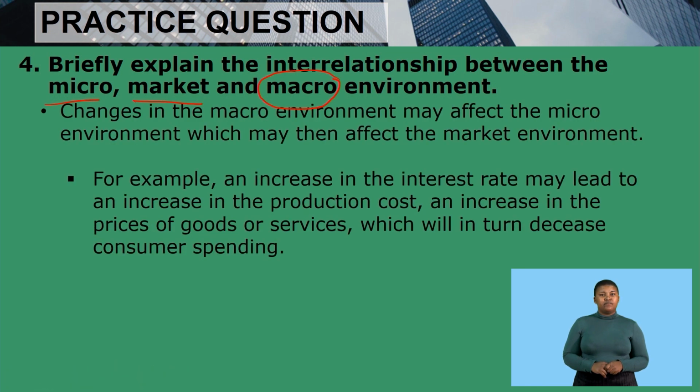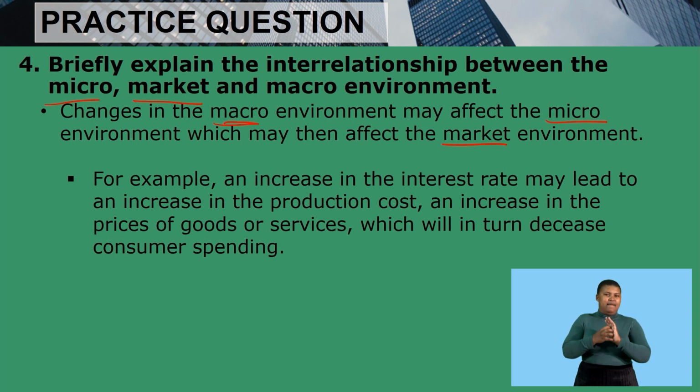Changes in the macro environment may affect the microenvironment, which may then affect the market environment. So that's the short explanation. But what does it mean? So now here we are going to use our example.